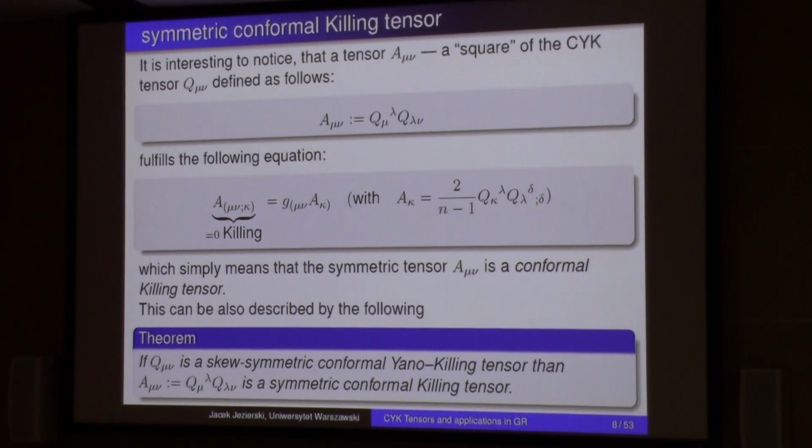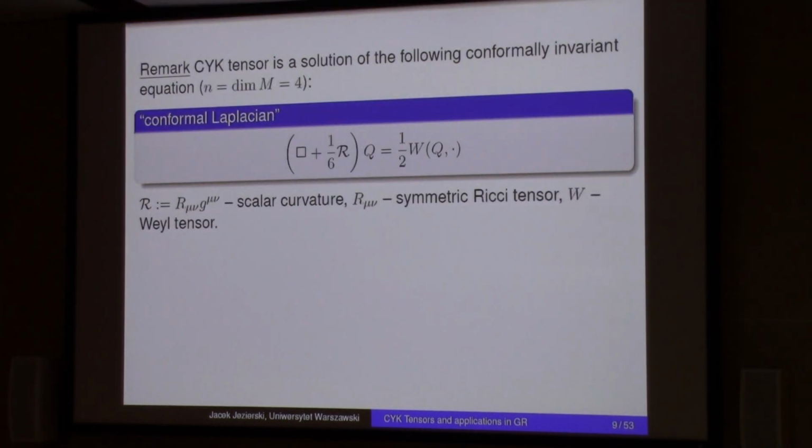So anyway, this symmetric A is a square of Q, and in fact you can even build something similar, as you will see in a moment, from two different skew-symmetric conformal Yanos, also symmetric. Okay, so these are just formal mathematical properties. There are more of them.